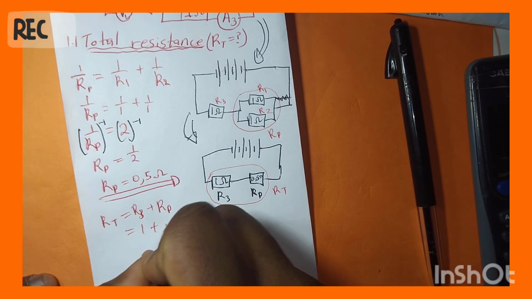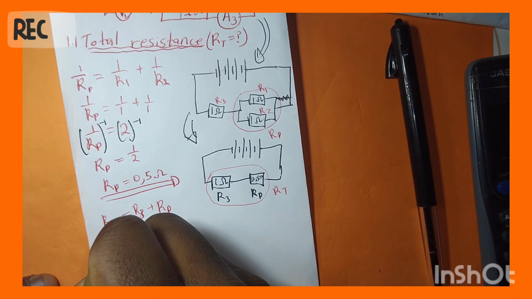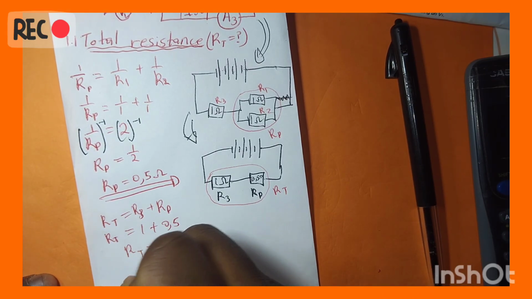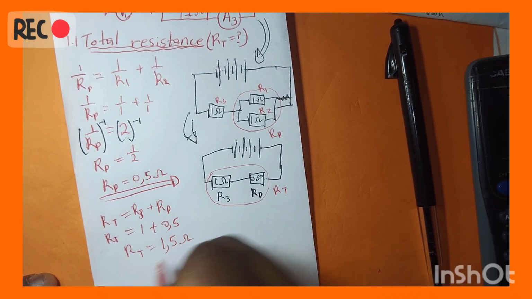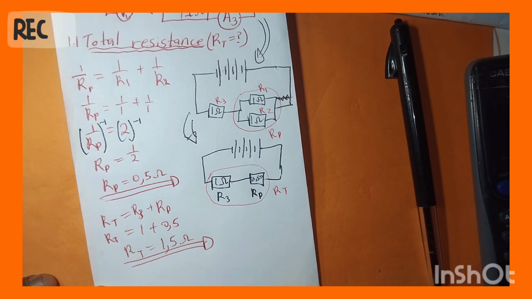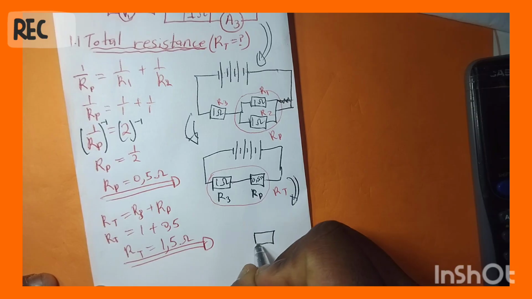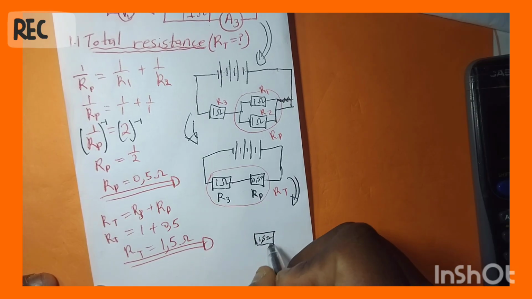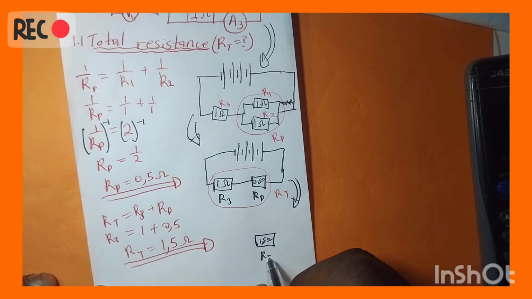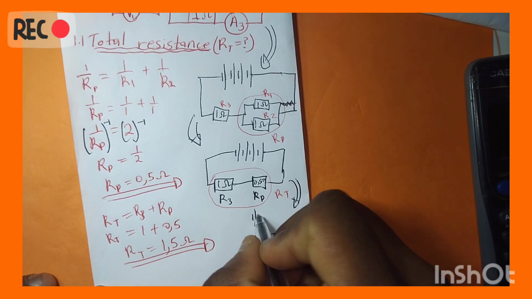This one is 1 plus 0.5. So it simply says that the answer here is 1.5 ohms. So when you simplify that circuit, it becomes 1.5 ohm. This is the total resistance.